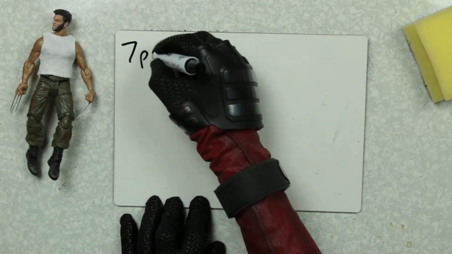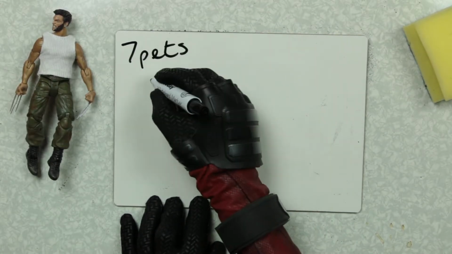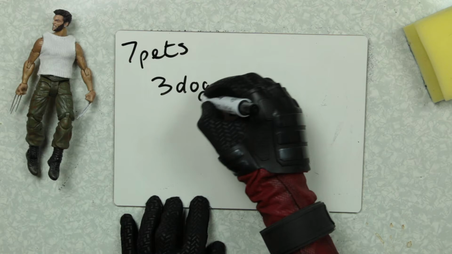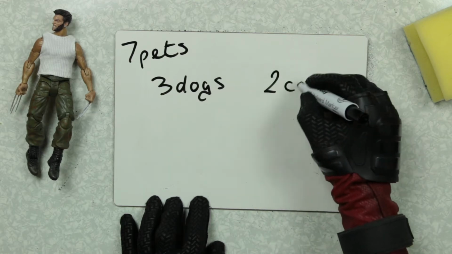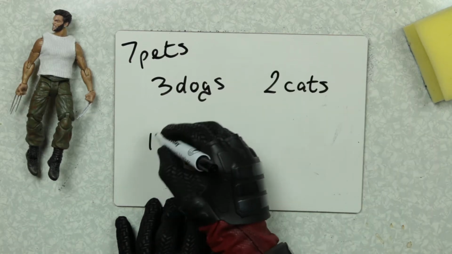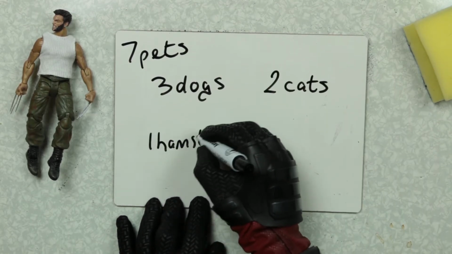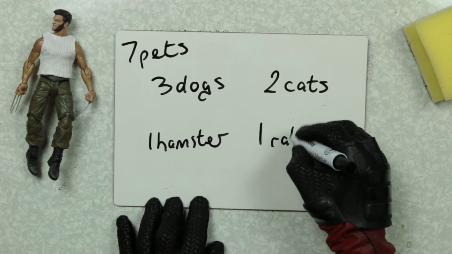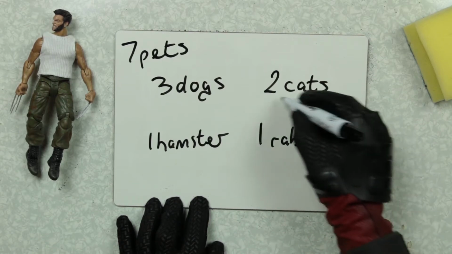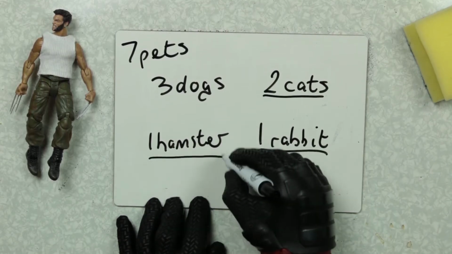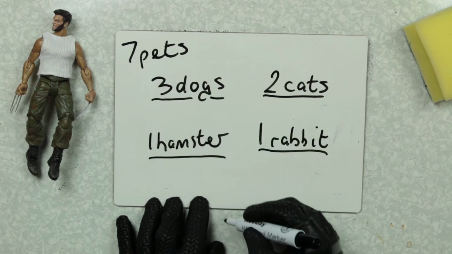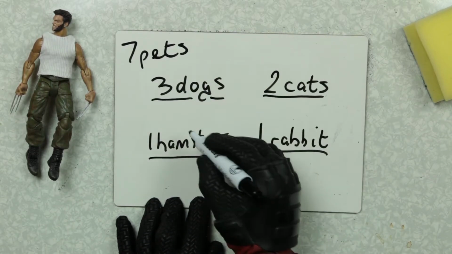Let's say at home you have 7 pets. You have 3 dogs, 2 cats, 1 hamster, and 1 rabbit. So we're going to divide your pets up.